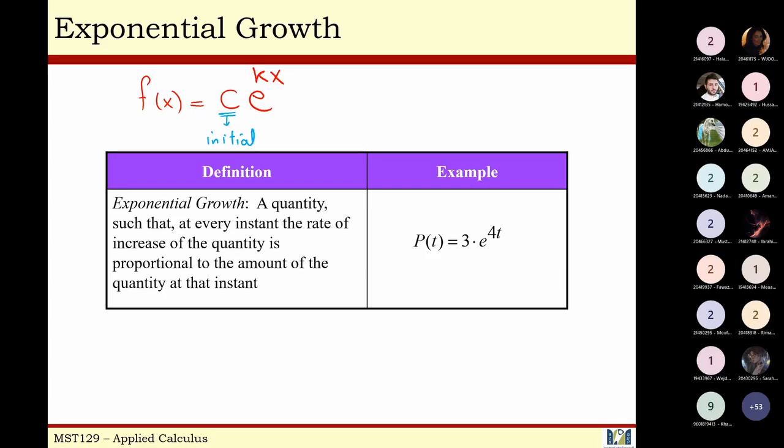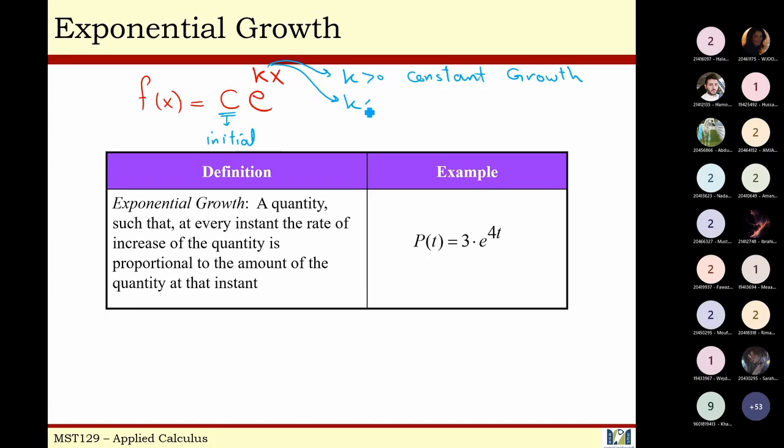Okay. And the k, this is the constant growth or constant decay. If k is positive, if k is greater than 0, this is growth.